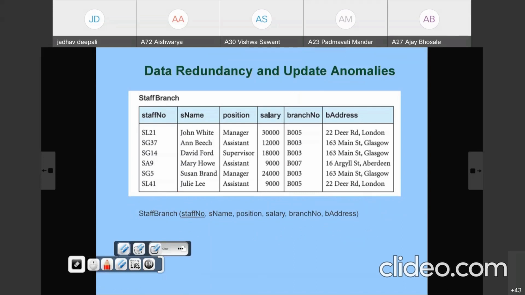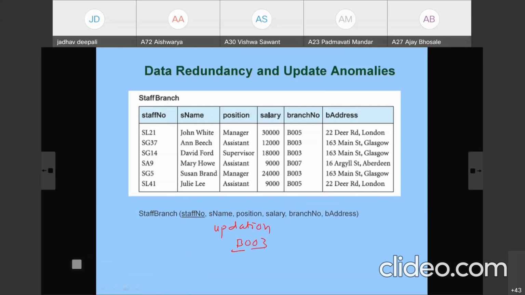The second one is the updation anomaly. Now suppose for a particular branch B003, its address is changed, from 163 it moved to 21 Main Road, Glasgow.